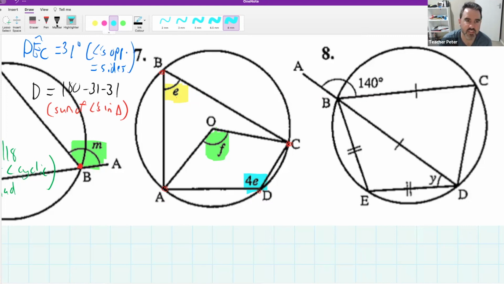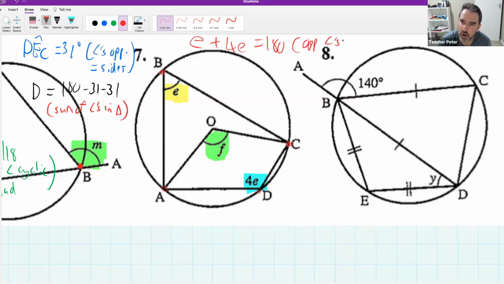So I think that these two together, E plus 4E, must equal 180. And that's because of opposite angles in a cyclic quad. Excuse my writing all over the place. But so 5E is 180. So what's E going to be? Well, E must be 180 divided by 5. Thanks, Stephen. You're right. 36. So E is going to be 36.